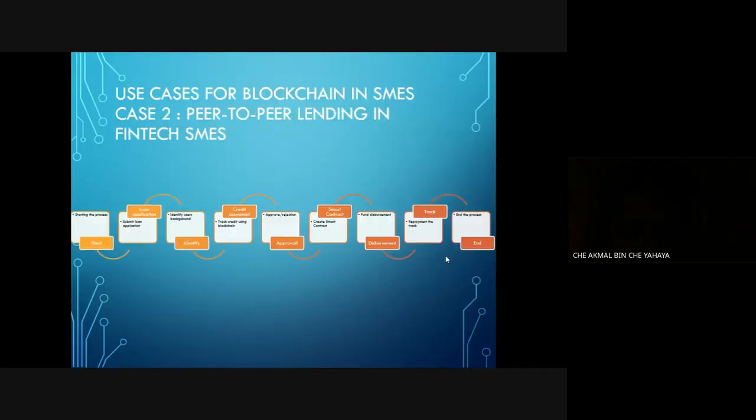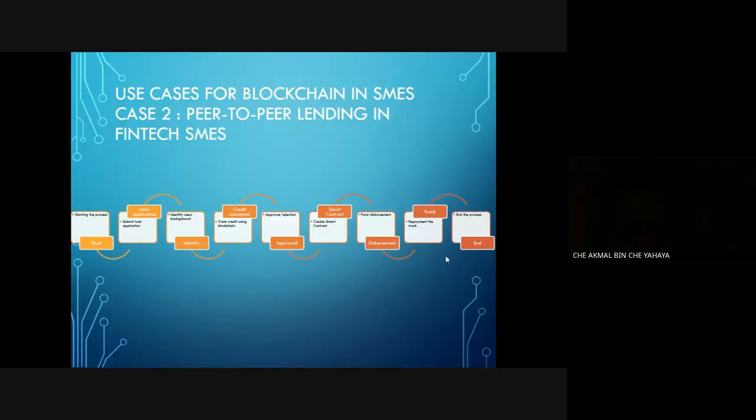Next one is phase two, peer-to-peer lending in fintech SME in Malaysia also. They will start from submitting the loan application. Next, they will identify the user, go to credit assessment, get the rate using blockchain, and approval, so that we can approve or reject based on the credit assessment. Usually in Malaysia, we call it TOS or CPACE.